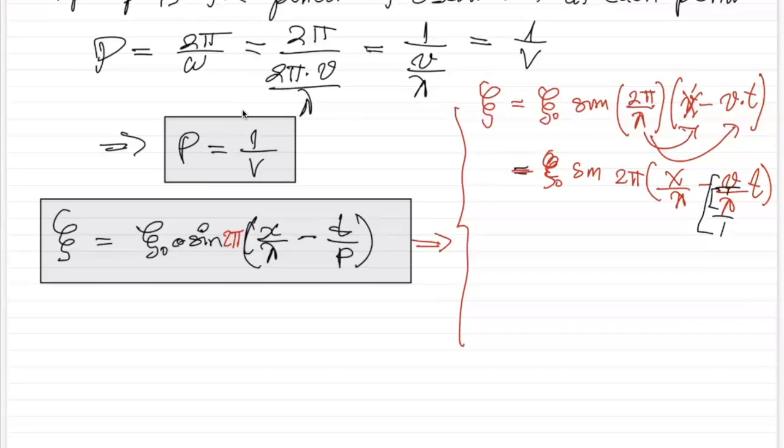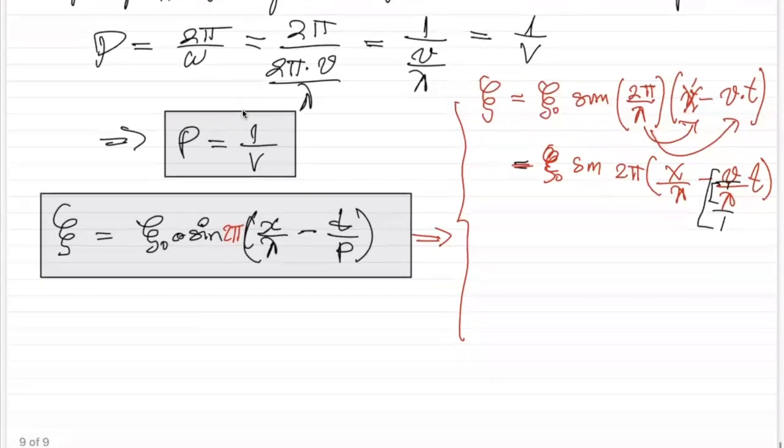Actually, I don't know, something is wrong. This lambda is good, this is k.